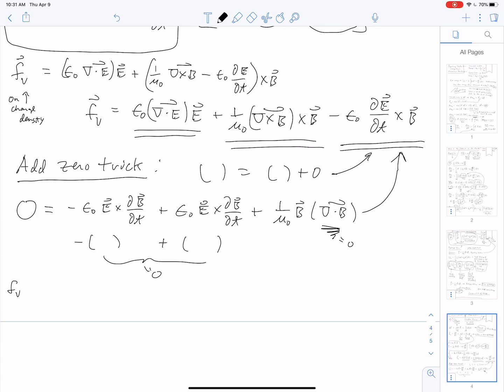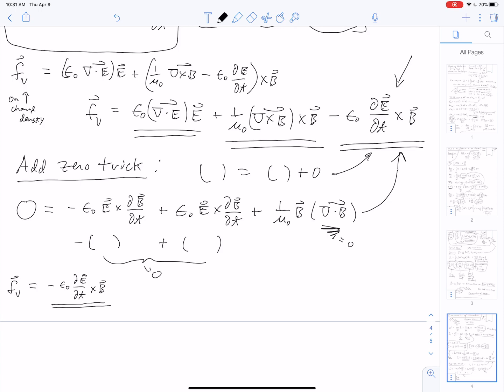F_V, the force per volume on the charge density, is equal to negative epsilon naught dE dt cross B. I'm going to do a double underline because that's my old expression, that's this term here from my old expression.